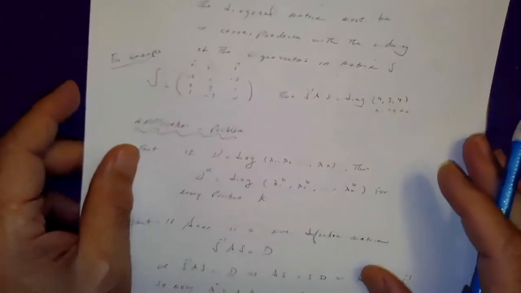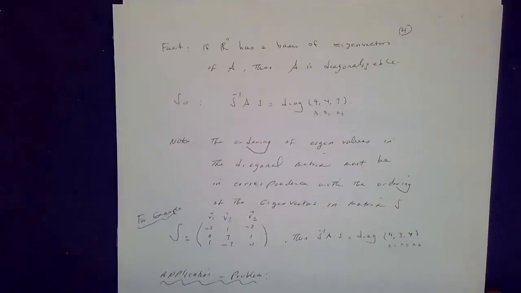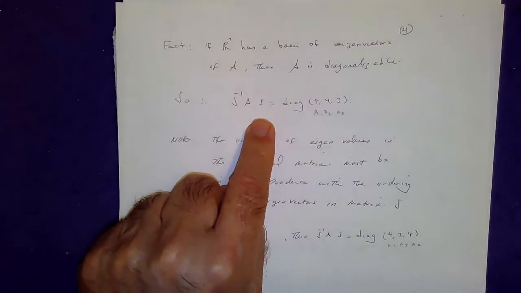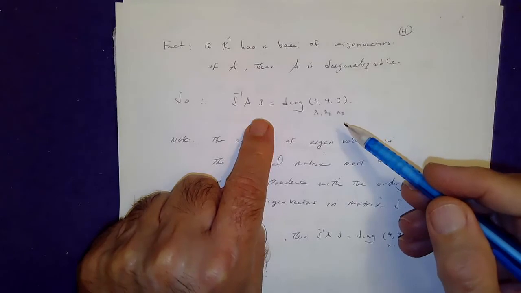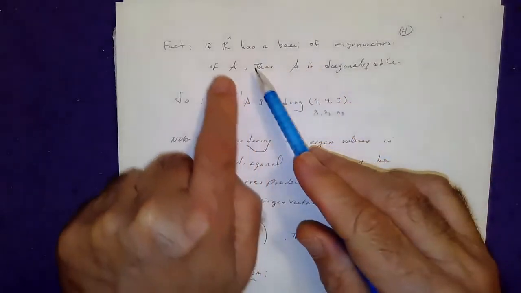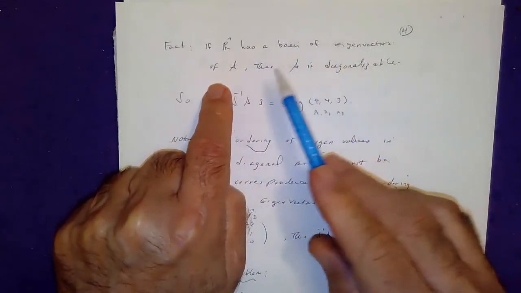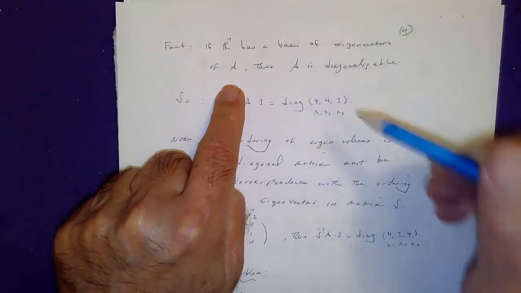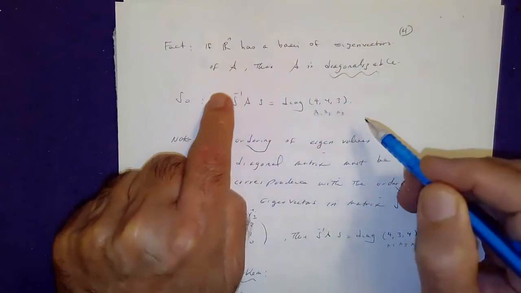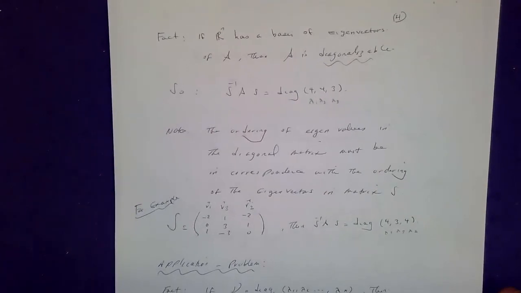Now, we have to form this product, which you really don't have to, because the question was just to find matrix S, and we did. But the fact is, if Rn has a basis of eigenvectors of A, then A is diagonalizable, which in turn gets back to saying that A is non-defective.